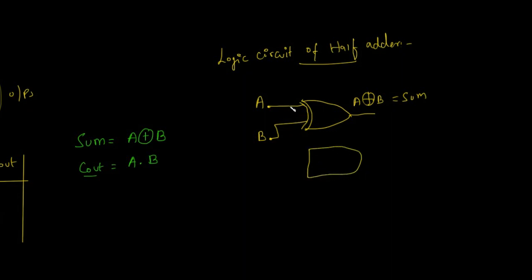So you can tap an output from this, input from this, and you can connect this with this. So this is A and B, which is equal to carry out. So this is the XOR gate, this is the AND gate, right? So this is the logic circuit of the half adder.